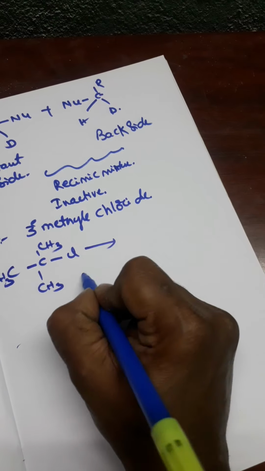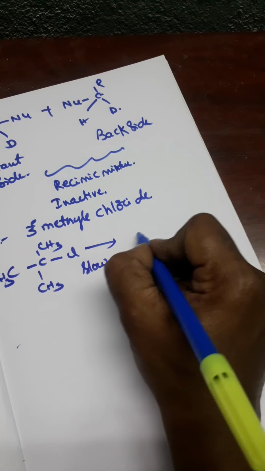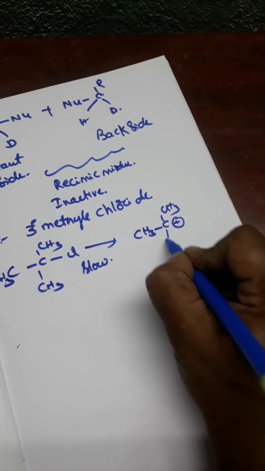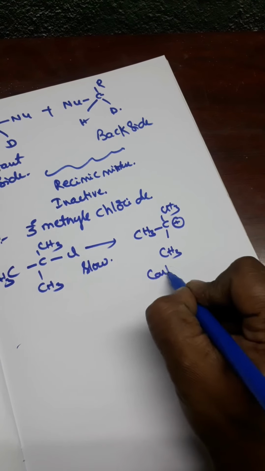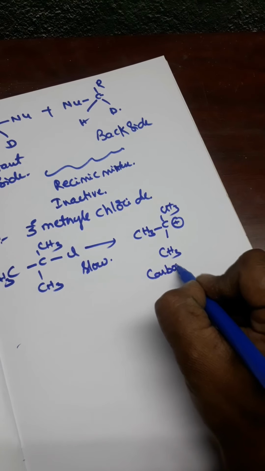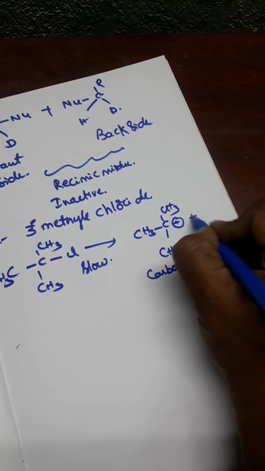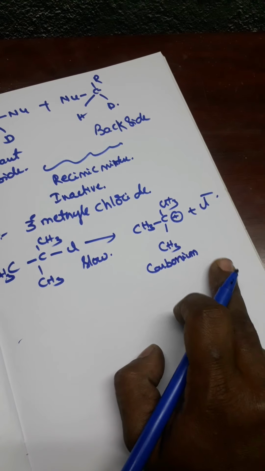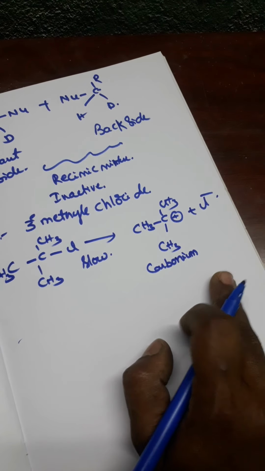Same as before, this is also a slow step, and here CH3. This is a carbocation, CH3, carbonium ion, plus the leaving group chlorine. It is a slow step, the loss of the leaving group to generate a carbonium ion intermediate.